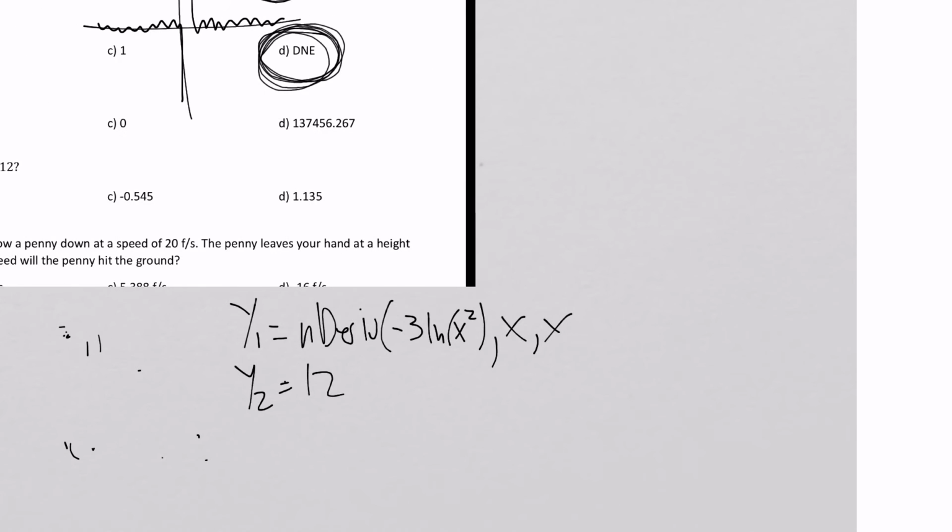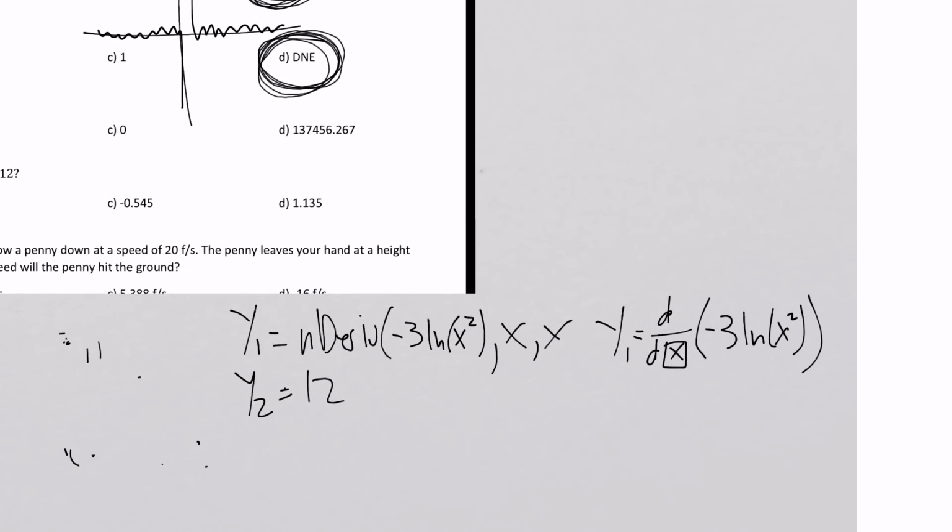Or if you're on a new calculator, y1 equals, hit alpha window 3 to get d over dx, type in an x there of, type in your function, negative 3 natural log of x squared, go out, and then your x is filled in there, and then it has to equal x.